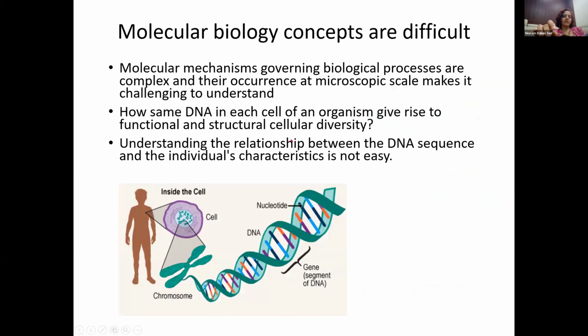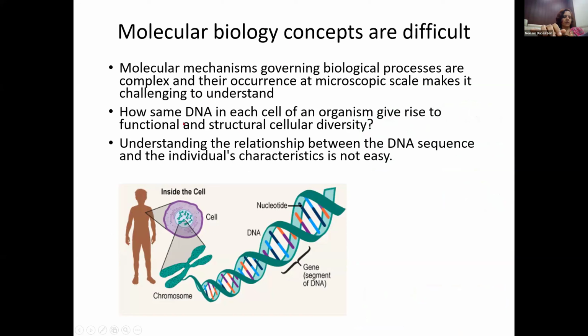So I teach biology, more specifically molecular biology, and many of the concepts in molecular biology are daunting to explain if you do not have a background in the field. We know that molecular mechanisms which govern biological processes are complex, and their occurrence at microscopic scales makes them challenging to grasp.